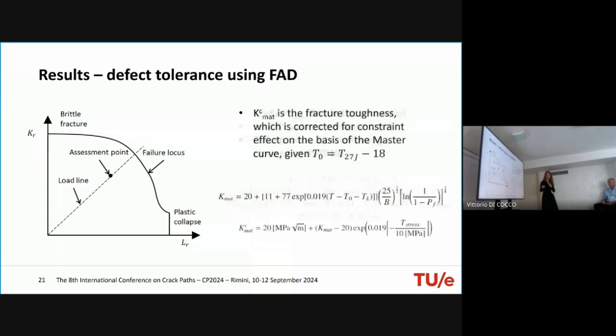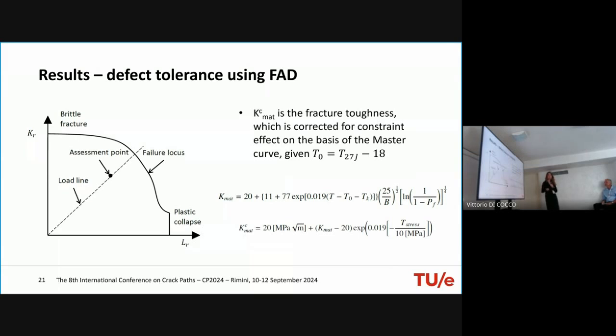This slide shows the formulas for the assessment of the fracture toughness, which is corrected for constraint effects on the basis of the master curve. The top equation is the master curve formula, which estimates the fracture toughness. It needs T0, which is equal to T27 joules minus 18, and is given in the codes.